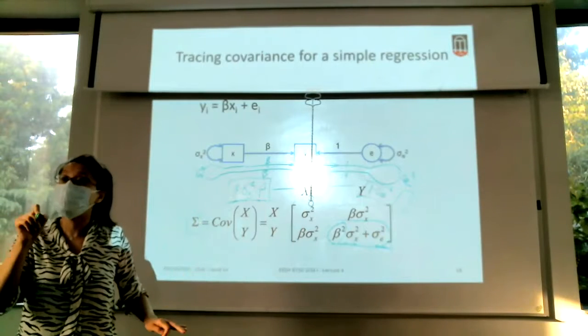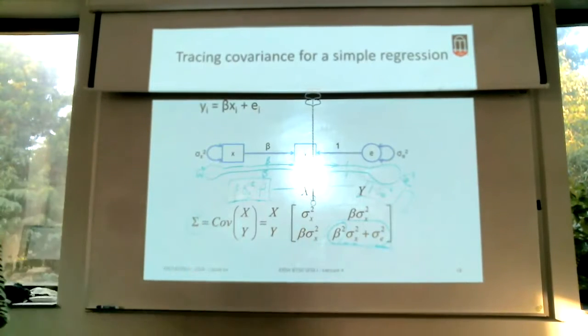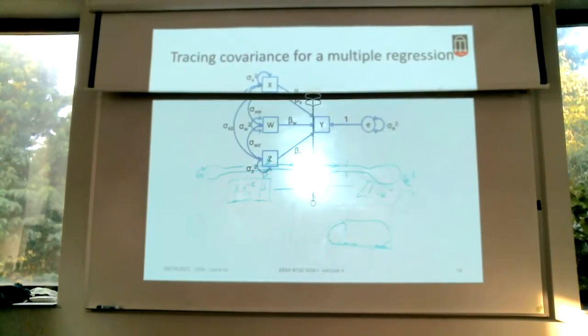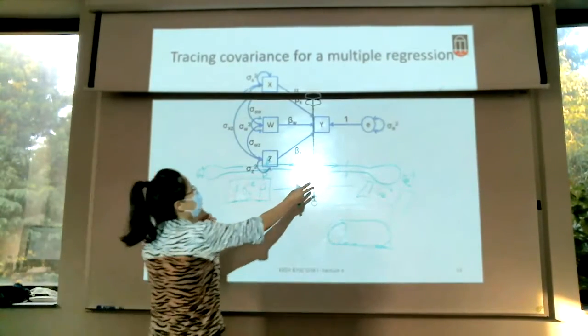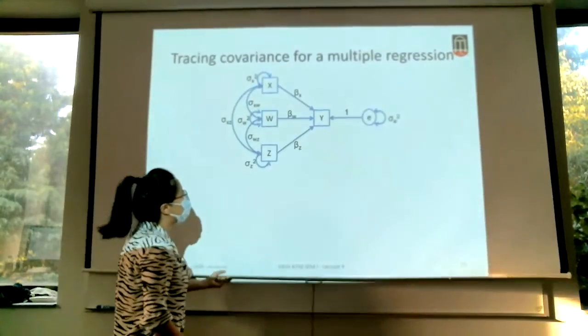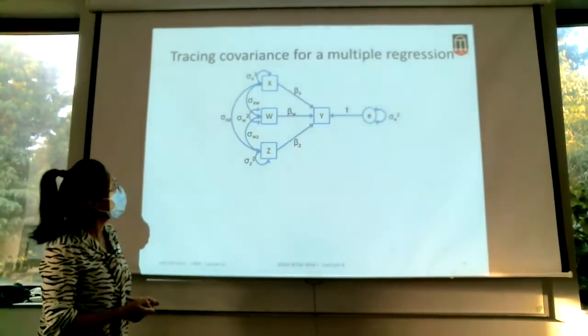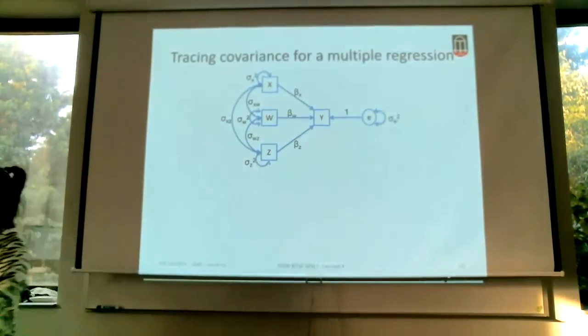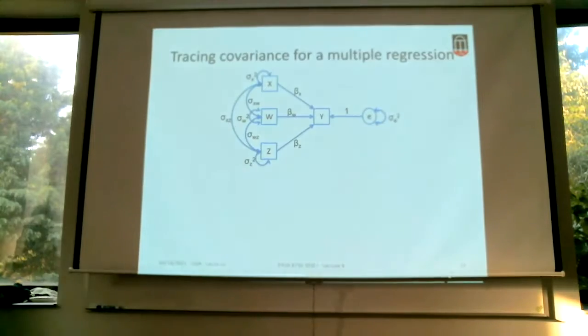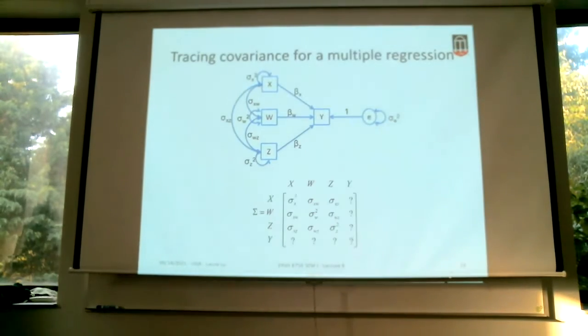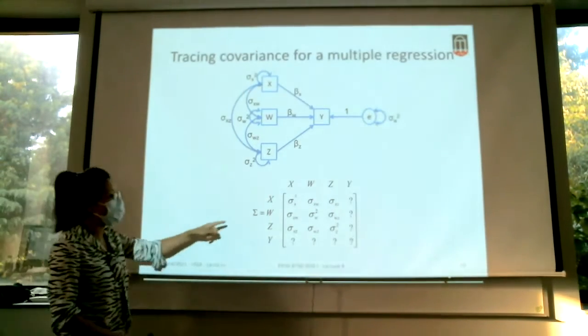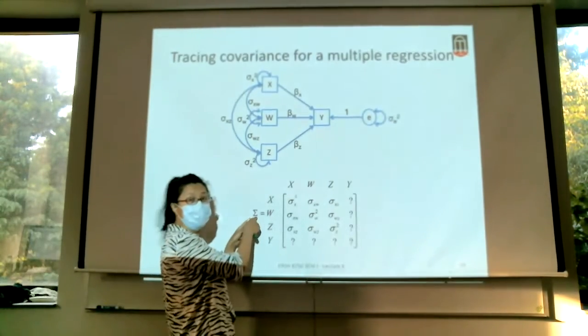Now, for multiple regression, it's not so easy, because we have so many paths and so many components. Let's look at this case. The same example, the same 4 variables: X, W, Z, Y. The same question again: what is the capital sigma?